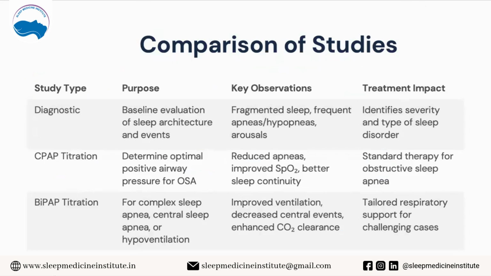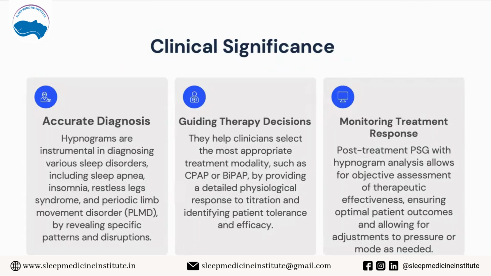With the diagnostic study, you can check for fragmented sleep, frequent apneas, and hypopneas. If it is a PAP titration, you will start seeing that the sleep has become much better, apneas have reduced, and oxygen saturation is much better. And for BiPAP, similarly, you can see much better control of the saturation and the breathing.